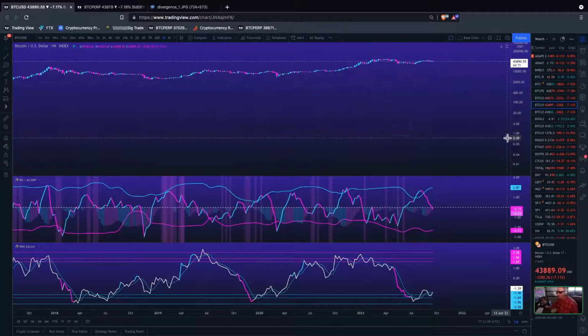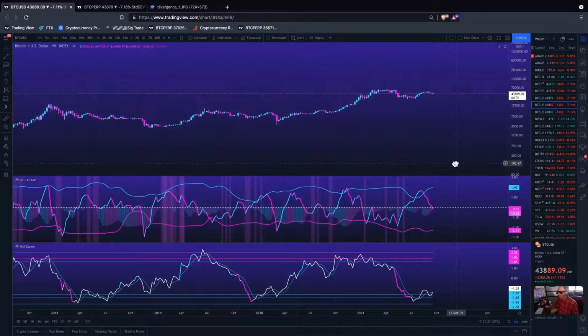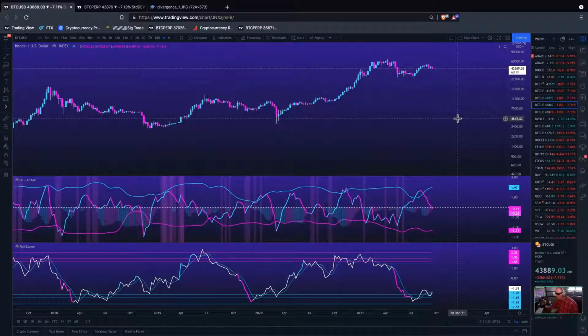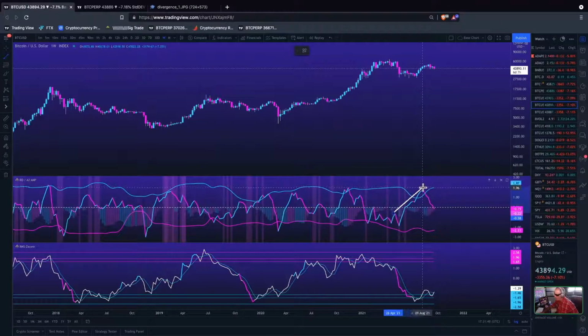Let's go to a weekly and see what this looks like. Let's scale this up a little bit. It's actually not showing on the returns oscillator, but we are setting up hidden bear right now on the weekly chart, or have been setting up from that 53K high.